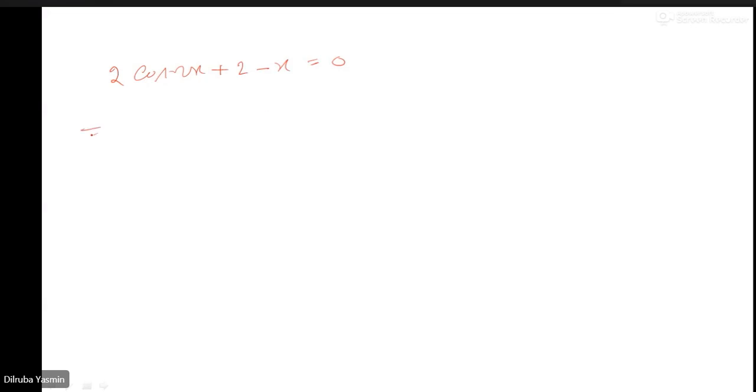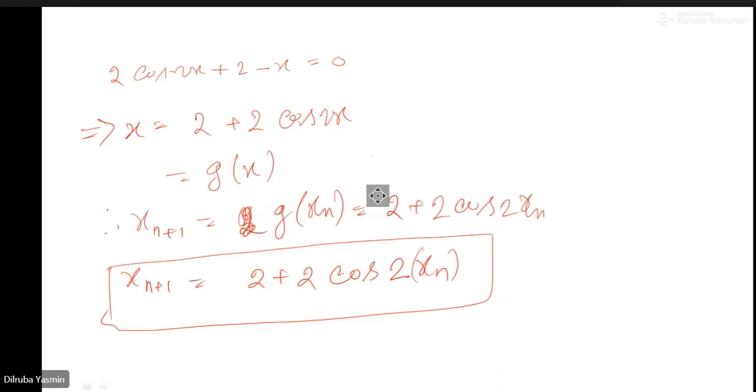So you can write this like this: x equal to 2 plus 2 cos 2x. So you can apply this iterative formula if you get z prime of x naught less than 1.